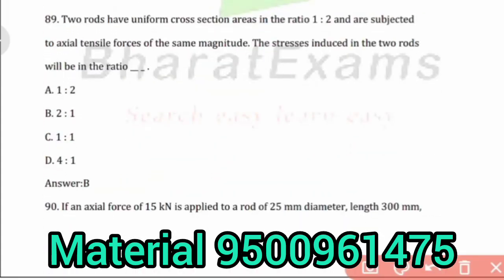If the two rods are subjected to axial tensile forces of the same magnitude, the stresses induced will be in the ratio 2:1.